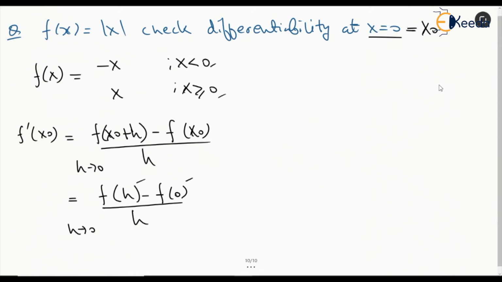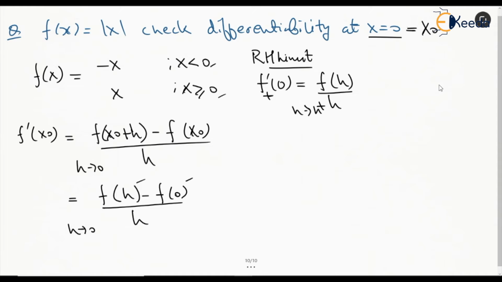So we can start with the right hand limit. So right hand limit is f dash of x naught, or let's write it 0, will be, we can write it plus because we are checking the right hand limit. So this will be f of h by h for h tends to 0 plus.